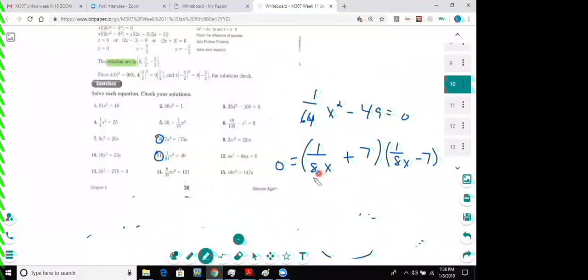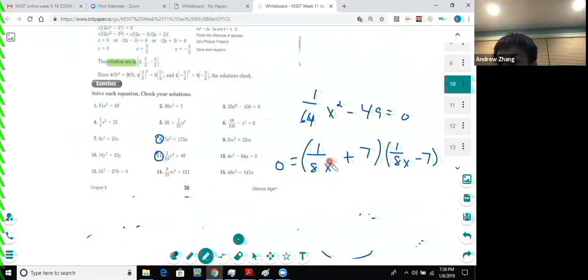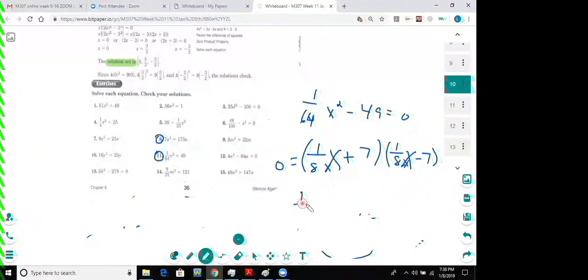But that's a pretty big number. If you take the square root, it's just 1/8 x. And this is not 1/8x, this is 1/8 times x. x would be with the numerator. Just so you know, 1/8 times x is the same as x over 8, for those that might not remember that.